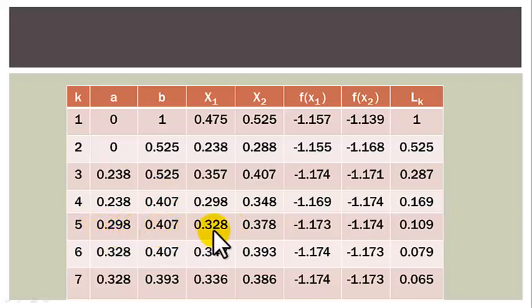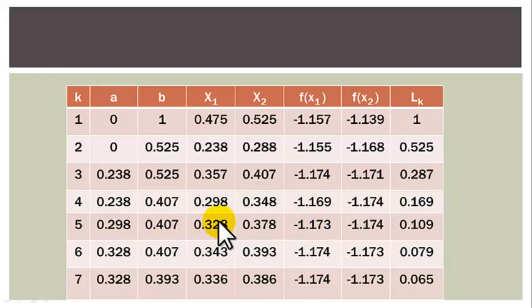Using this interval, now will give us x1 equals to 0.328, x2 equals to 0.378, f of x1 is minus 1.173, f of x2 is minus 1.174, and the length of interval is 0.109. This figure is greater than this. So our next interval of uncertainty is from x1 to b.